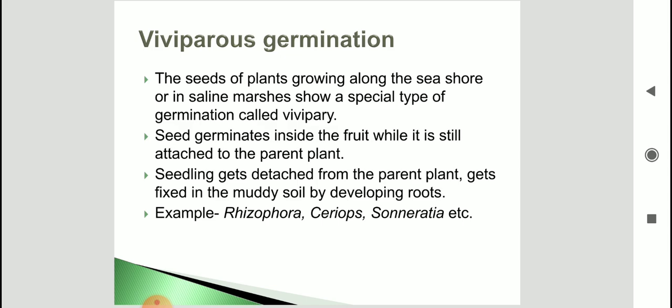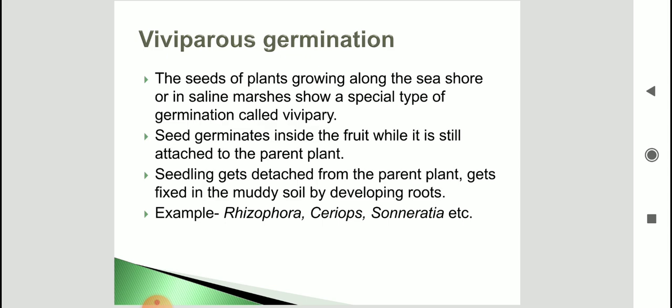Now this is a very special condition, and viviparous germination is usually found in examples like Rhizophora, Ceriops, Sonneratia, etc. So generally we will find this type of germination happening in the trees or plants which are found near the seashore. Like Rhizophora, this is a true mangrove plant, a tree.